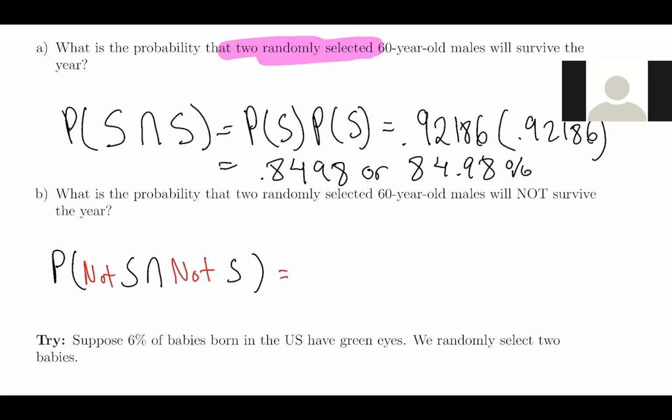If I know the probability that they survive, cool. So what we want to do is subtract from 1. If I know the probability that they survive is 0.92186, and I want to find the probability that they don't survive, all we have to do is get 1 minus 0.92186.